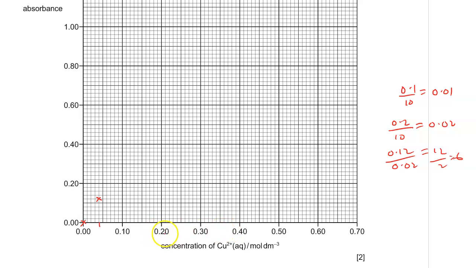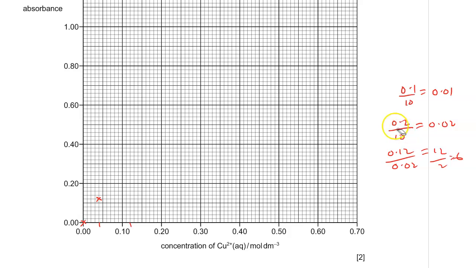The other point is 0.36. Absorbance is 0.36. 0.3 is there, so 6 is there. 0.36 is right there. Sorry, I'm looking at a different one. So it is 1.2. 1.2 is there for absorbance, and then that corresponds to 0.36.